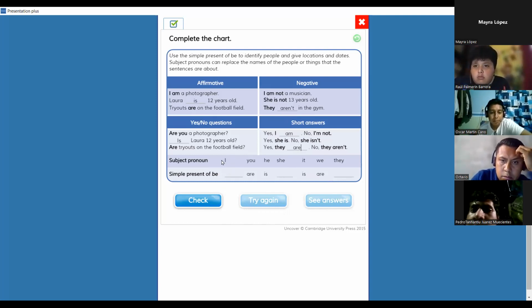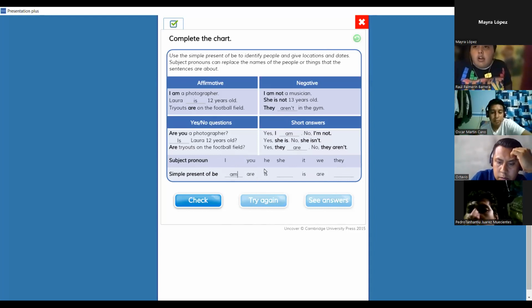Now, again, this is just a summary of how we combine the subject pronoun with the form of the verb be. ¿Qué forma uso para I? Am. You? Are. He? Is. She?